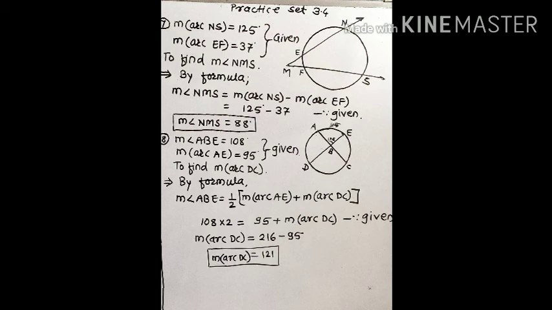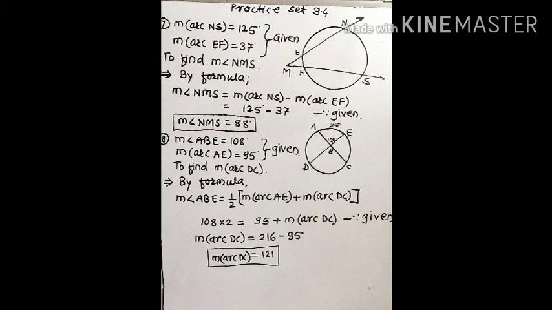As we see in the figure, angle NMS intercepts the two arcs, arc NS and arc EF, and their subtraction will give us the measure of angle NMS. Now put the values. Arc NS is 125, arc EF is 37. 125 minus 37, we get 88. Measure of angle NMS is equal to 88 degrees.